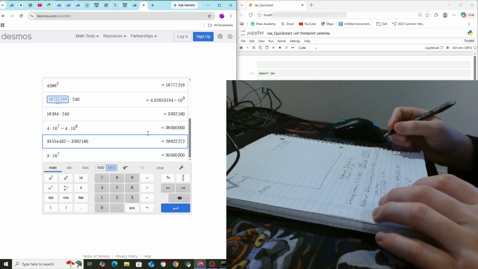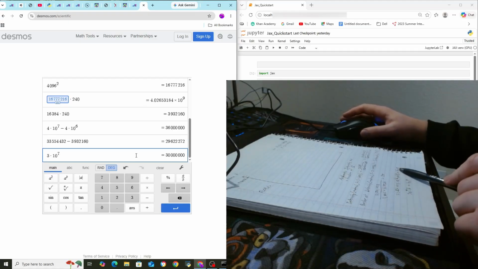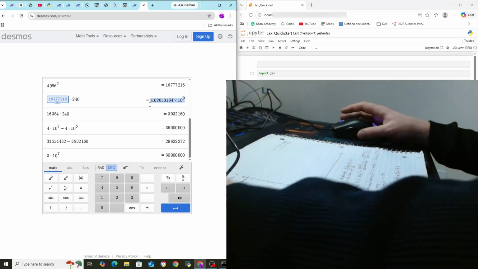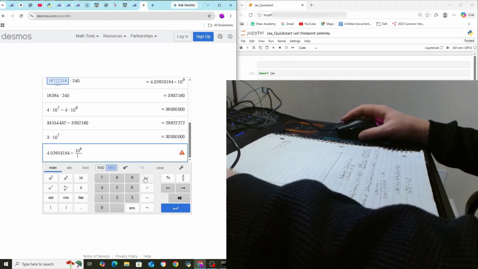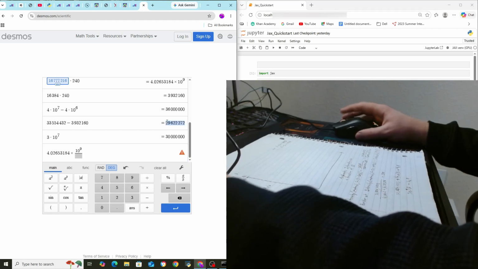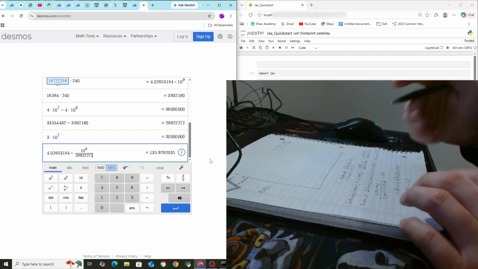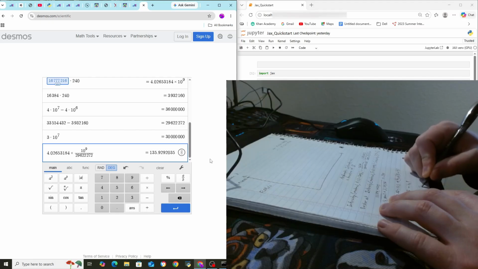So 4e9 is really 240 times this. So it's this number. This number divided by, it should be the same thing, 4e9 divided by this, right? 135.9. Let's just round it to 136. B is approximately equal to 136.